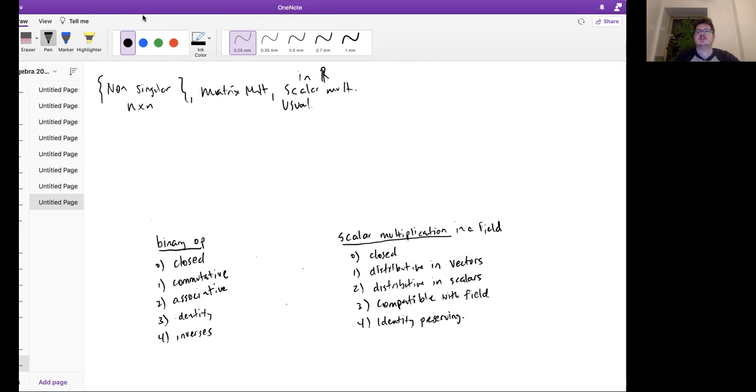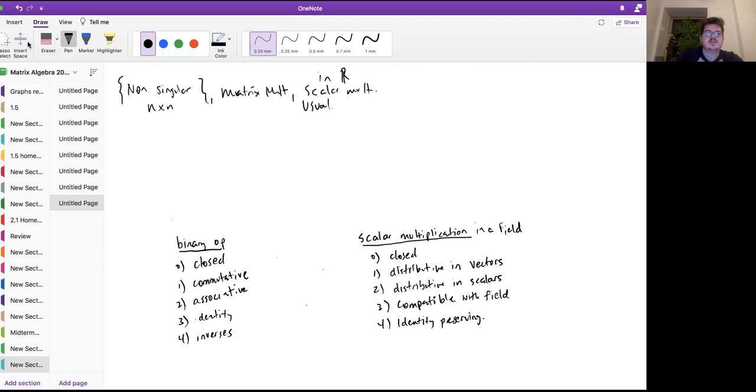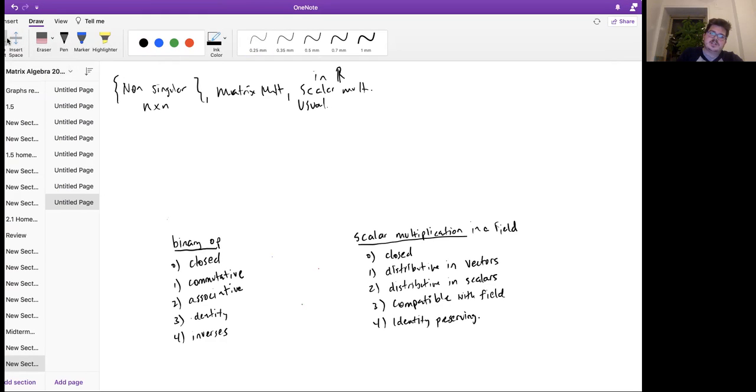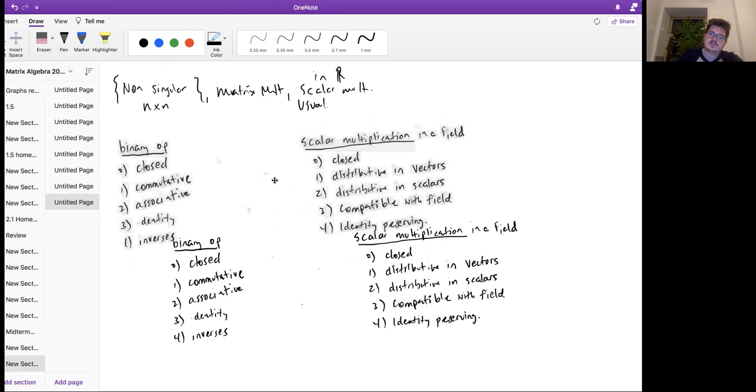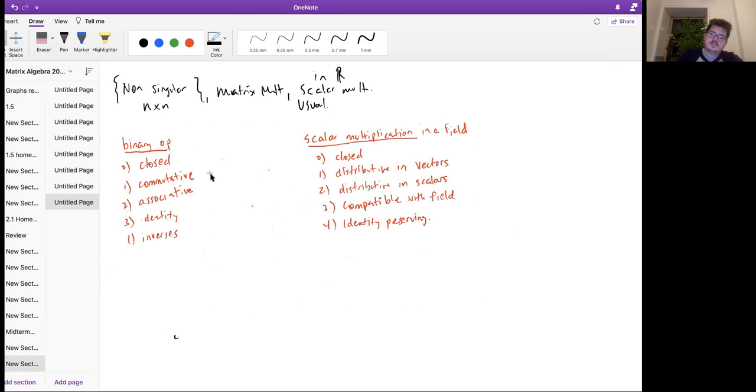All right, so which do we think fails? It should be screaming at you. Commutative, good. Yeah, matrix multiplication is not commutative. You can find ones that don't work.